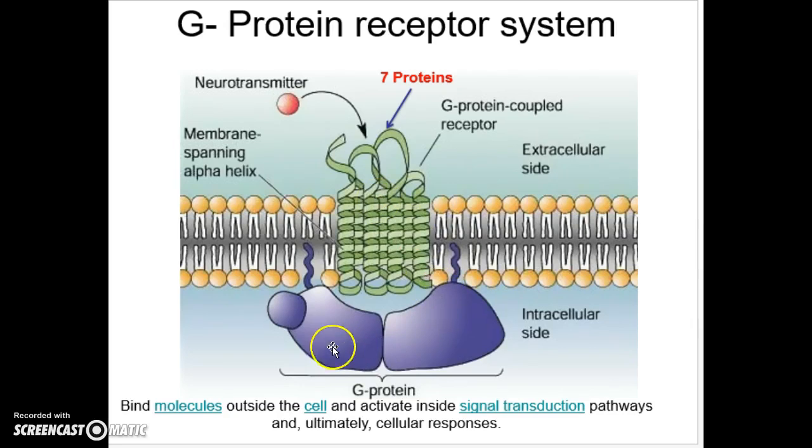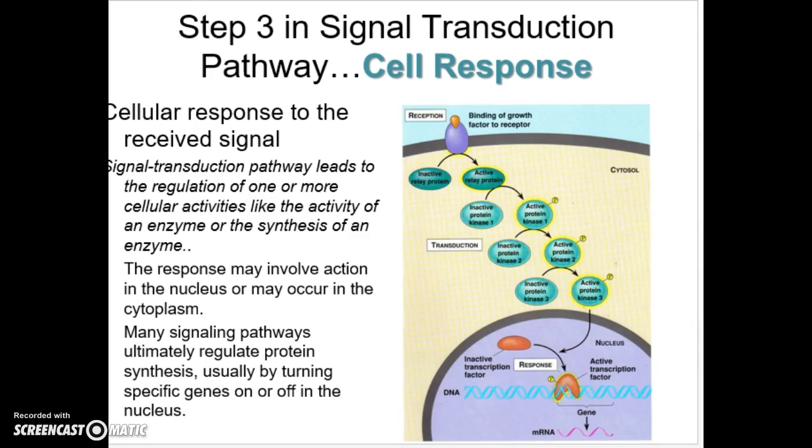And then what this is doing is activating inside the cell a signal transduction pathway and ultimately a cellular response. So step 3 in our signal transduction pathway is the response of the cell. So step 1, signal, step 2, transduction, step 3, cell response.